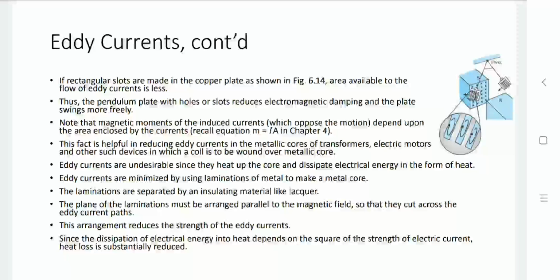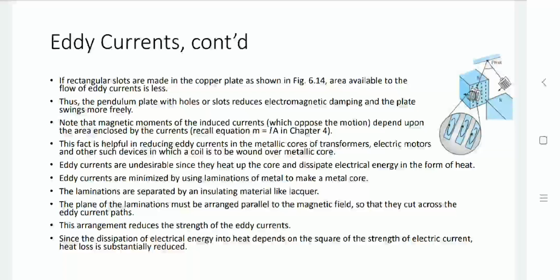This is based on the magnetic moment, which is defined as M equals IA. The magnetic moment of the induced current depends on the area enclosed by the current. Here the contact area is reduced, so current is reduced.